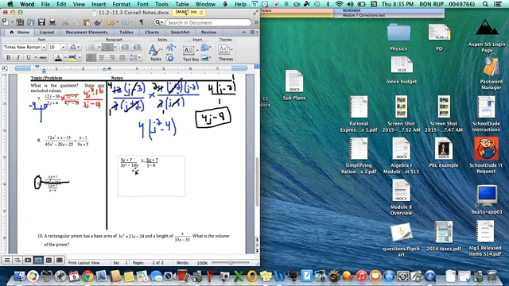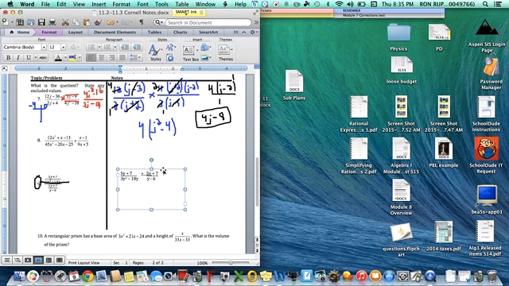So now if you remember, the rule is that we have to flip our second fraction or take the reciprocal.